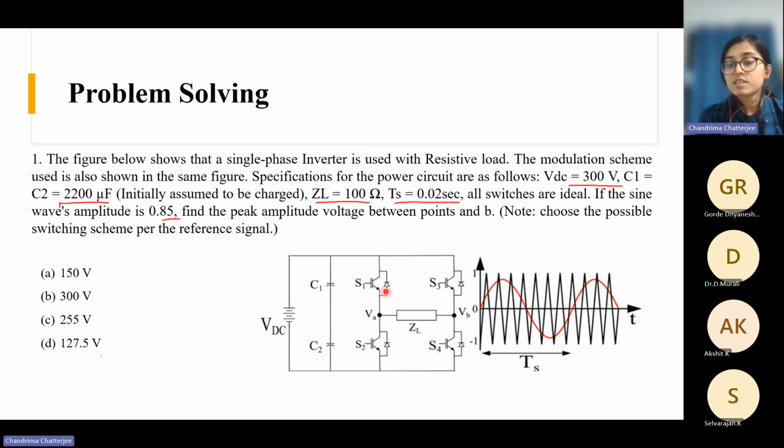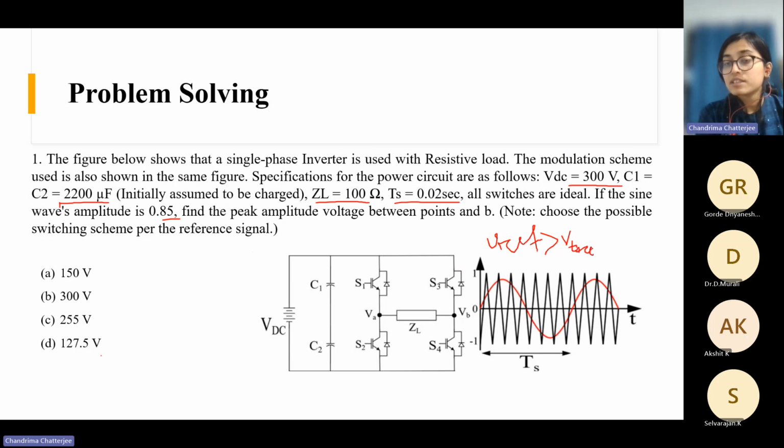So what will be the switching logic? The switching logic will be like, when your V ref is greater than V carrier, or V triangular also you can say. Let's say V triangular, that will be easier.